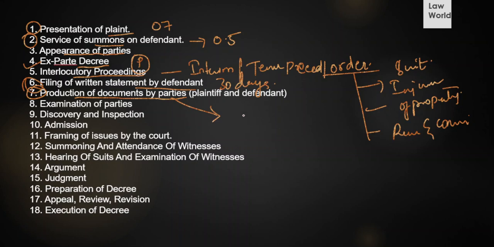Whatever documents the plaintiff and defendant have in their power and possession, they have to produce such documents to the court. The next one is examination of parties. This is covered in Order 10, where the parties are examined after their documents are produced.